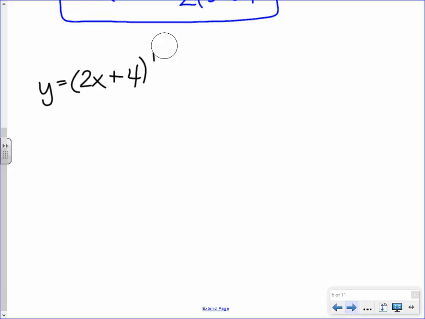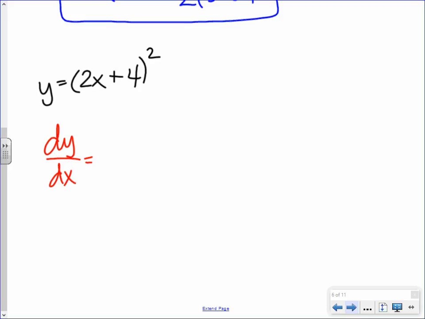Okay. So let's just talk about what this would look like as a chain rule. Is this a composition function? It is. We have 2x plus 4 being squared. So if we want to take the derivative, what is our outside function? Okay, 2x plus 4 is what is being squared. So 2x plus 4 we would consider our inside function.